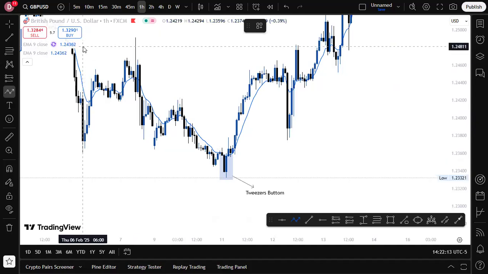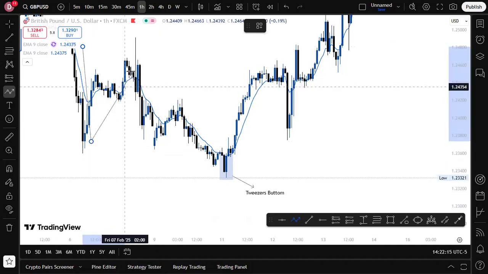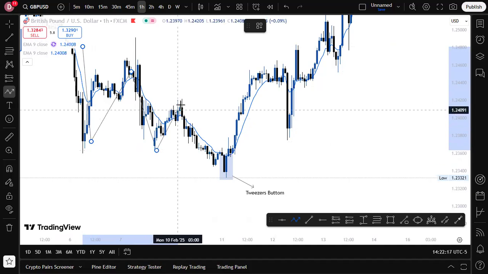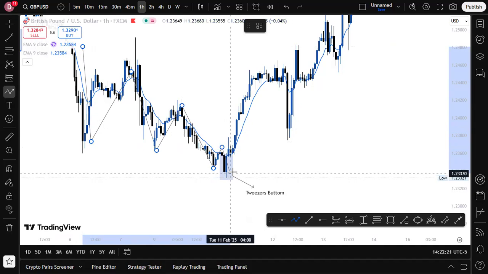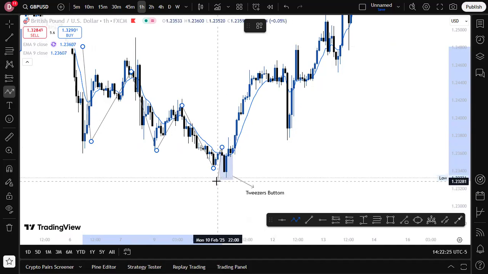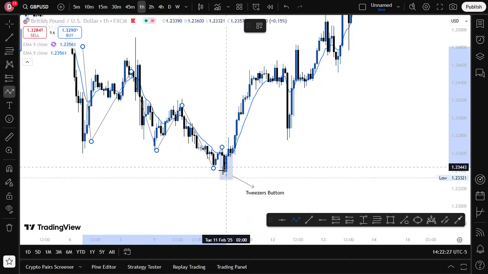So at some point price was coming down, right? We were coming down in price, and then this pattern, the tweezer bottom, occurred at the bottom of the downtrend, signifying that a bullish reversal is about to happen. And the moment it occurred, you can see price started pulling up.